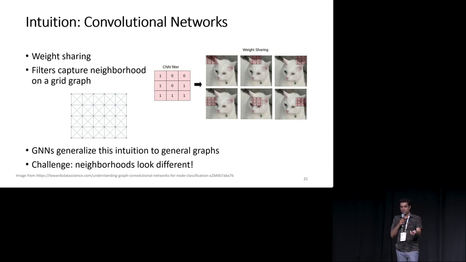But of course, the challenge is that in a general graph, neighborhoods tend to look different. In a grid graph, the neighborhood of every node looks the same, because it's a grid. The only exception is on the border, but you can zero out things that go outside. But in an arbitrary graph, the neighborhoods can look quite different.